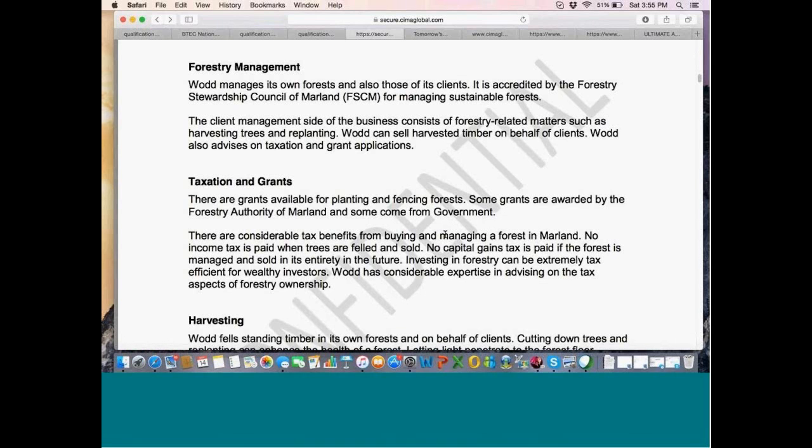So this means these guys need to be managed very well, right? These are high interest and very powerful clients, okay? Because if you go to the next point, they're talking about taxation and grants. So the clients themselves will get taxation relief from the government for investing. So this is another very good point for them.